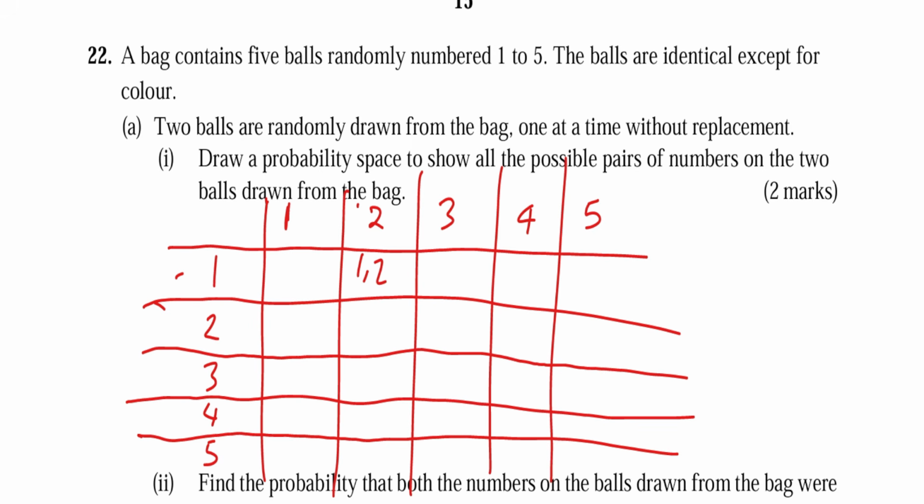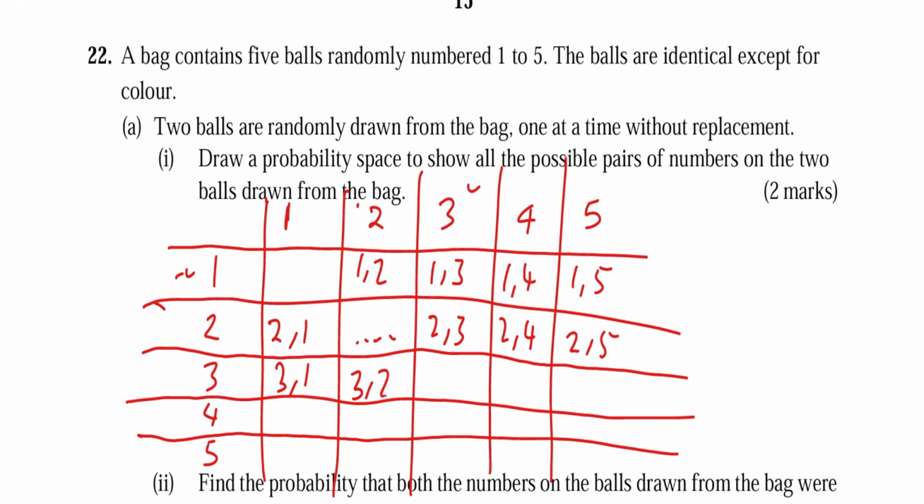But with 1 and 2 you also have 1,3. I start here and go this way: 1,4, then 1,5. Again, there is 2,1, but there's no 2,2. So we leave that. There's 2,3, 2,4, 2,5, 3,1, 3,2. There's no 3,3, as I said, because once you've taken 3, there's no other 3. 3,4 and 3,5.